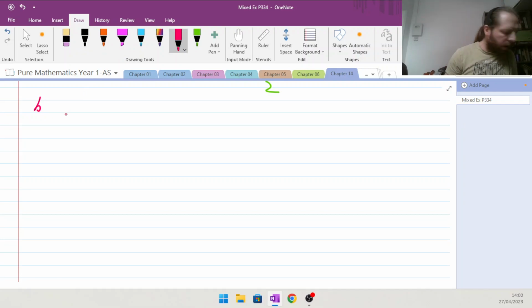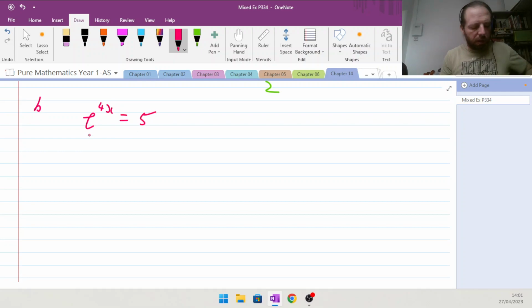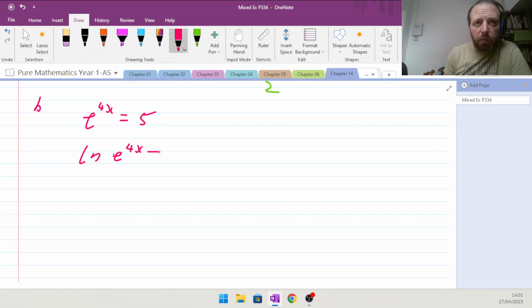B. e to the 4x equals 5. Okay, so something like that. We're going to take the ln of e to the 4x, which is equal to the ln of 5, and then I can move the 4x outside.